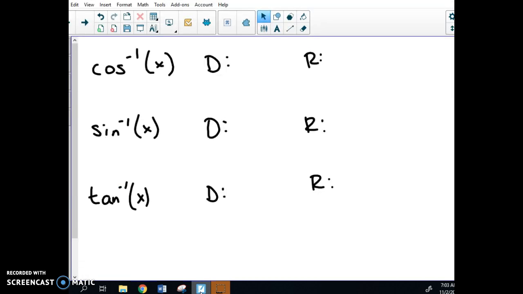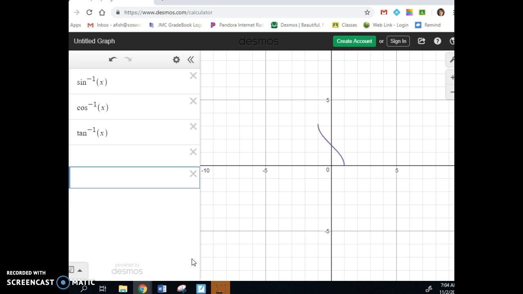So going back to our domain and range, I'm going to talk about that. The domain is along the x-axis. How far to the left does it go? How far to the right does it go?